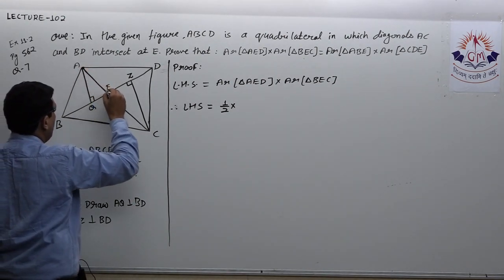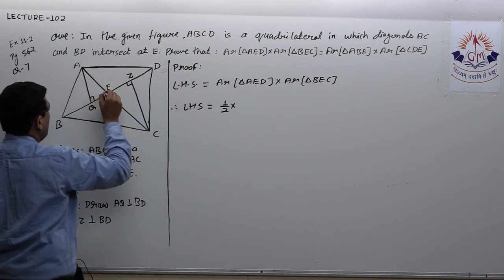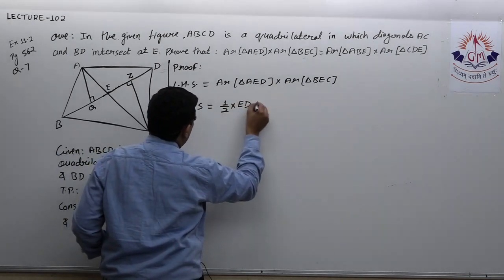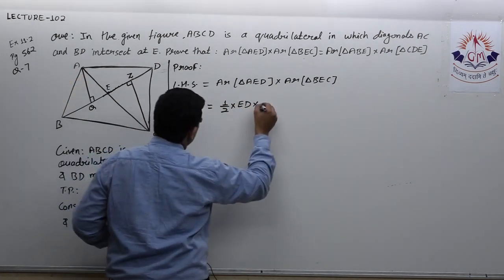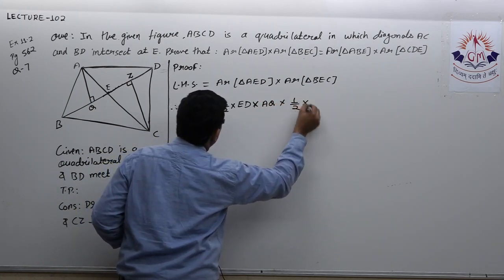For triangle AED, base is ED, isn't it? ED is the base and height is this AQ.